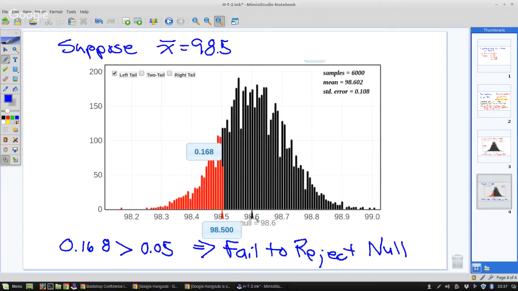We really don't know. Remember, in statistics, we can't prove anything to be true. All we say is that there's a chance that we're wrong. There's a chance of failing to reject the null when it really is false, and that's still a possibility. That's known as a type 2 error.